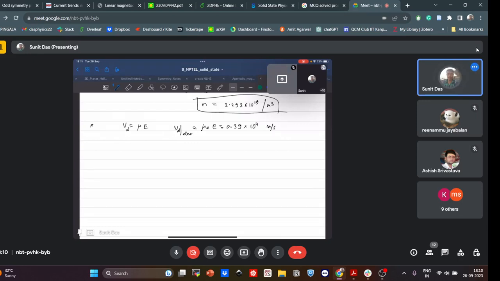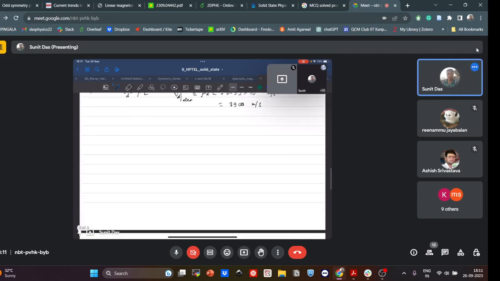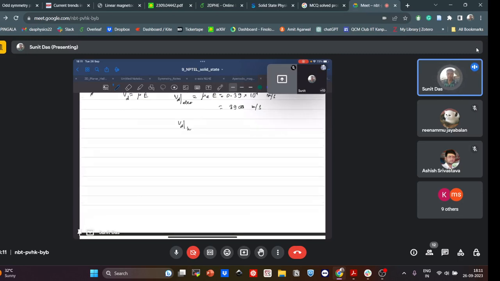The electron's drift velocity will be 3900 meter per second. Similarly, drift velocity for holes will be mu p into E. So this will be 1900 meter per second.